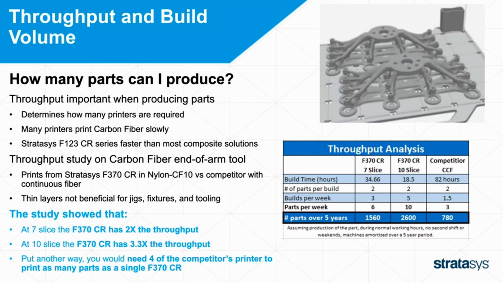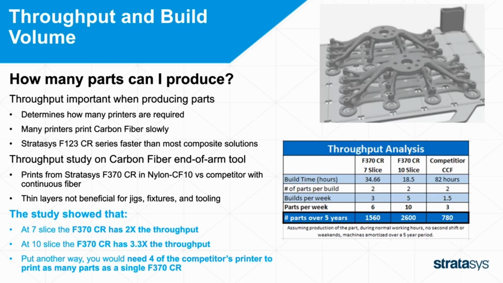One thing to note is that with most end of arm tooling, jigs, and fixtures, thin layers sometimes increase part visual quality, but they don't necessarily increase the part functionality. Thin layers aren't beneficial for jigs, fixtures, and tooling.